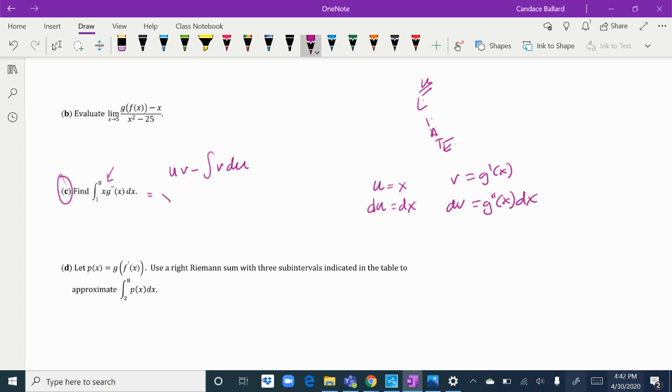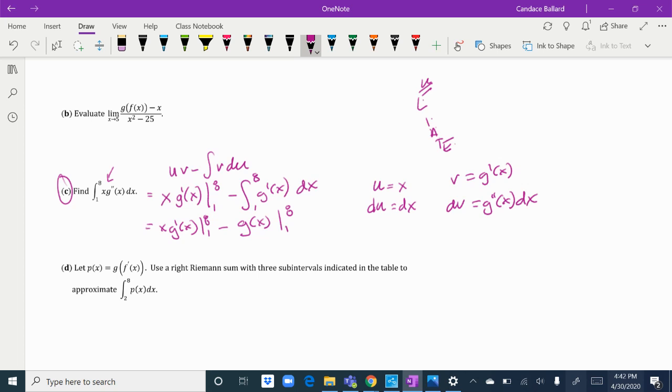So I've got U is X, V is G prime of X, and I'm going to go ahead and put the 1 to 8 in there, minus the integral from 1 to 8 of V, which is G prime of X, and then du, which is just dx. I'm going to integrate this piece at the back. I'm not plugging in anything yet. When I integrate G prime, I get back to G.